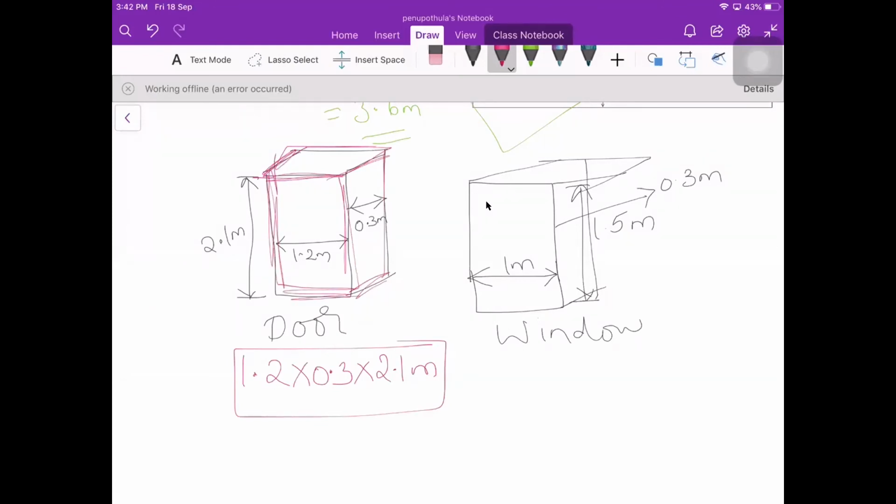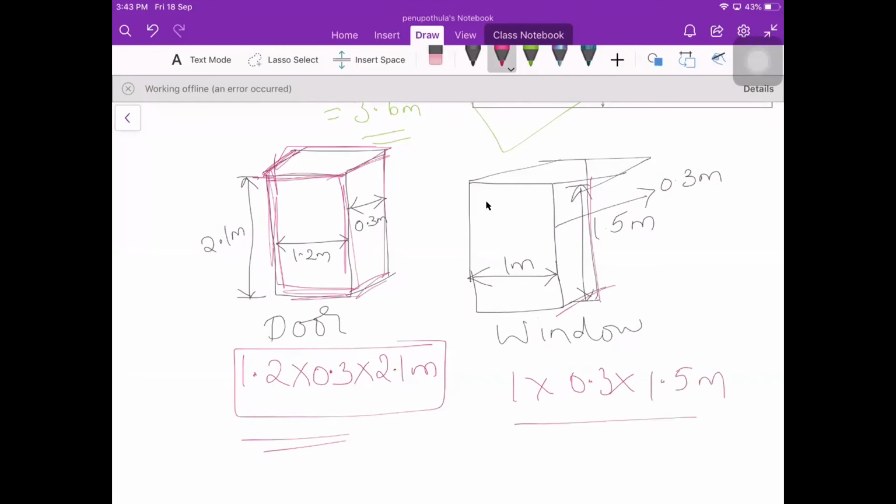From the brickwork in the superstructure, we need to deduct this particular door, and also we need to deduct the window. Here the door is one only, and the window is also one. So here it is 1 meter by 1.5 meter multiplied by 1 meter by 0.3, the thickness, and the height is 1.5 meter.